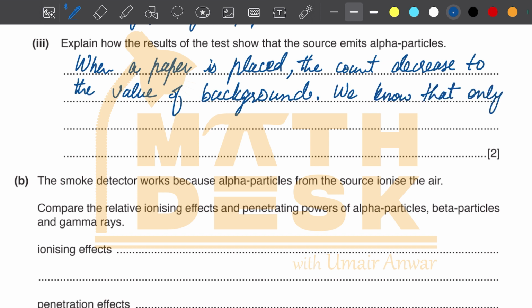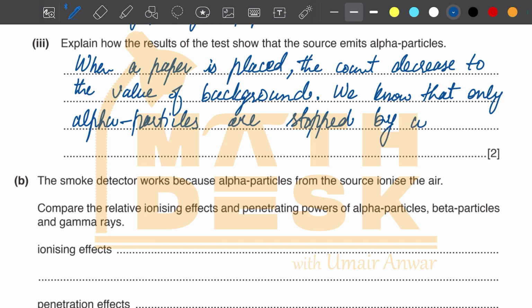only alpha particles are stopped by a paper.